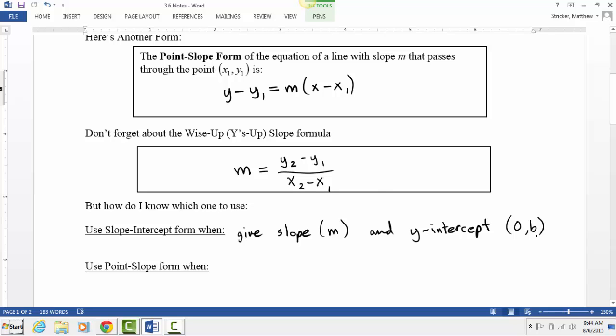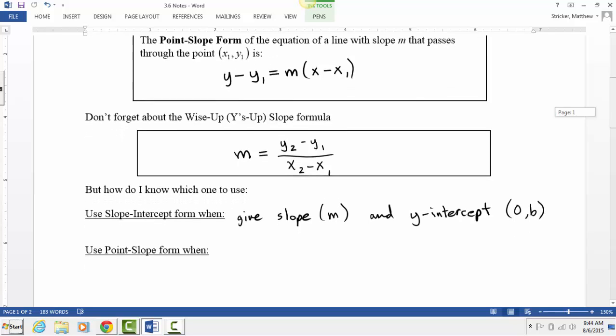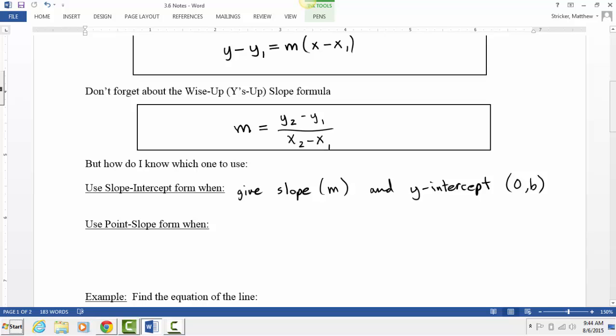Now, we're not always given those things. We might be given something else. So there's other scenarios where you might want to use point-slope form. However, you could still use maybe some of the other forms as well. One scenario is when you're given the slope m and a point, just any generic point.